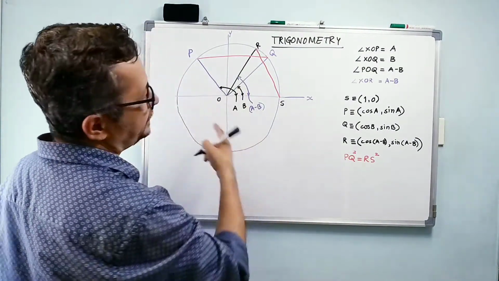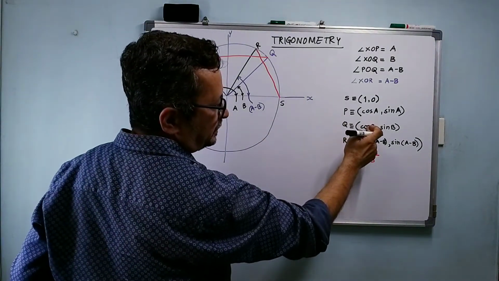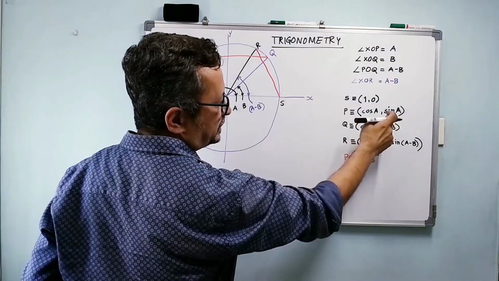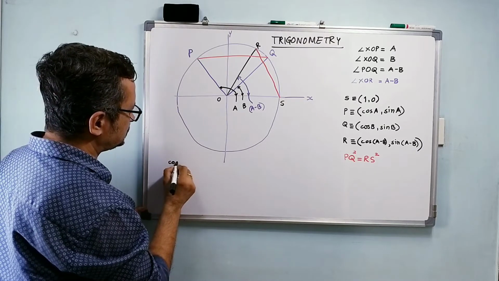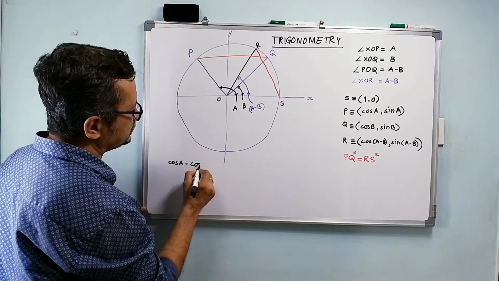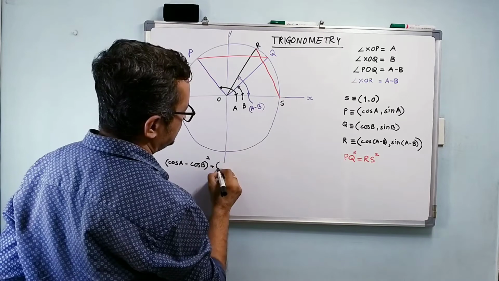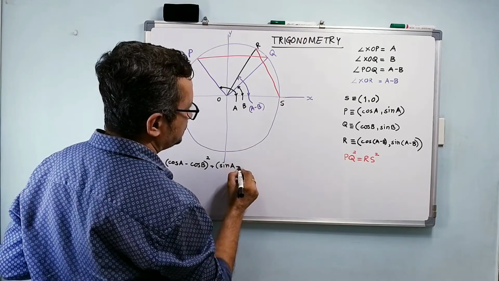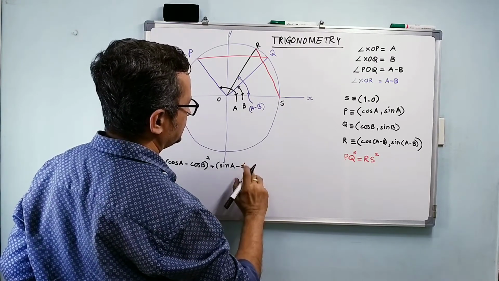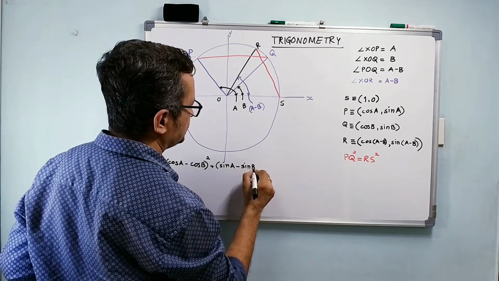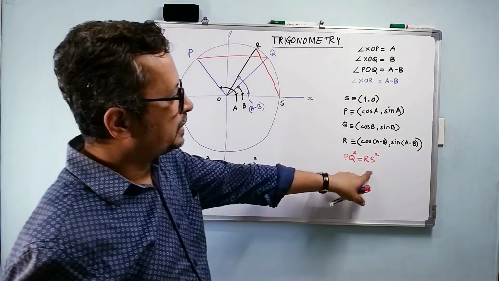So PQ square, now what is my P? It is the difference in the x coordinates and square of that, plus the difference in y coordinates and square of that. So PQ square is going to be (cos A minus cos B) whole square plus (sin A minus sin B) whole square, which is equal to RS square.